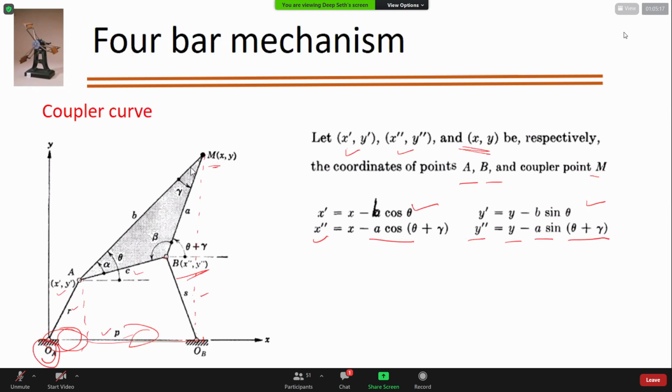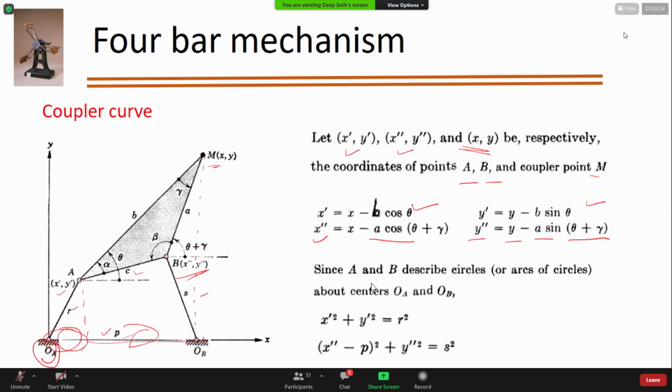All you have to use is the Pythagoras theorem and trigonometric functions to find all these things. And since A and B describe circles, or arcs of circles, even though A and B may not complete full circles, at least they make some arc of a circle, right? So those arcs or full circles will have the equation of a circle about centers OA and OB.